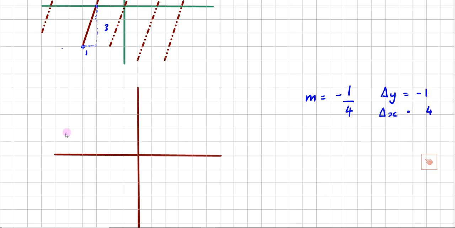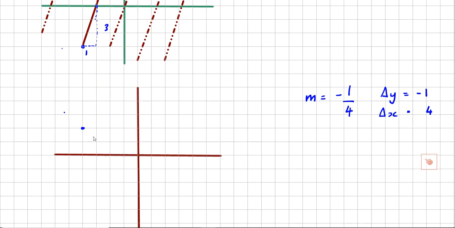So, pick a point, right? What's the change in y? Negative 1. Stick with it. The change in y is -1.